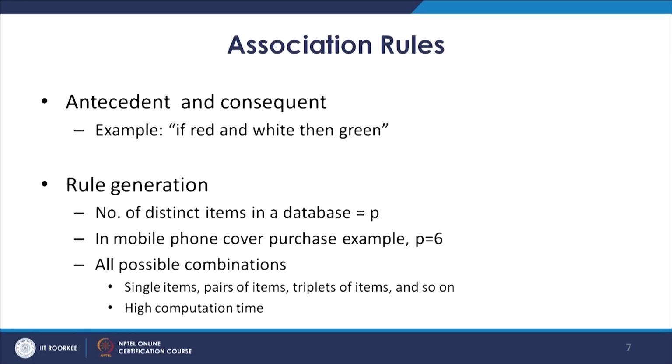All those sets with different numbers of items in them are to be examined, and that would require a higher computation time. So, we need to find a solution for this, otherwise the computation time would be much higher and we will not be able to apply this particular technique.